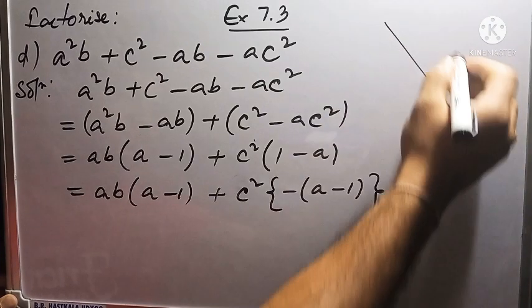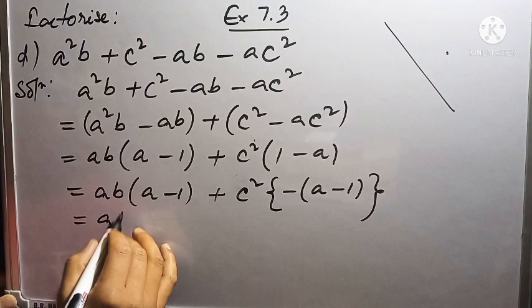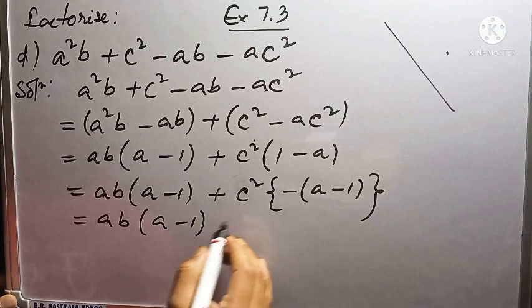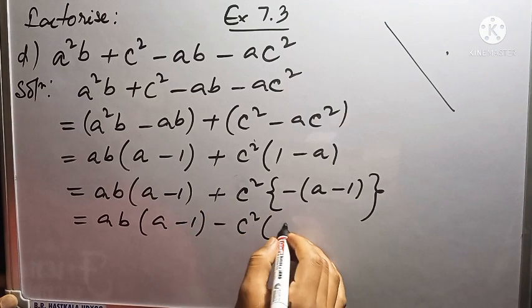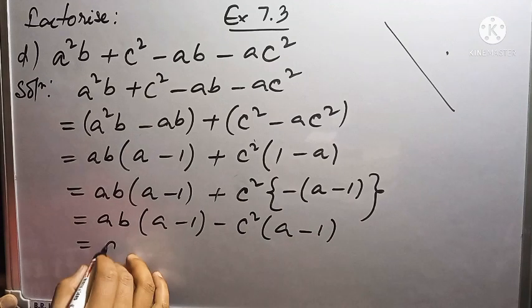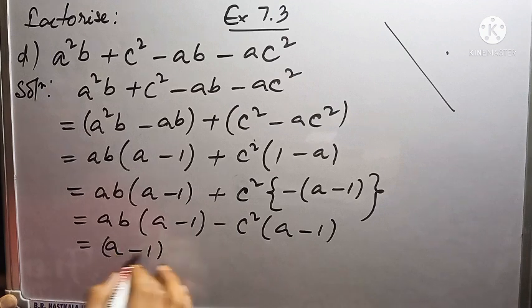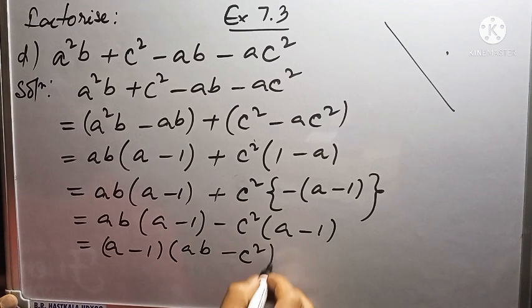Just refer to the explanation I gave before. Then equals AB, A minus 1, plus into minus gives minus C square, A minus 1. Equals A minus 1, then the remaining will be AB minus C square.